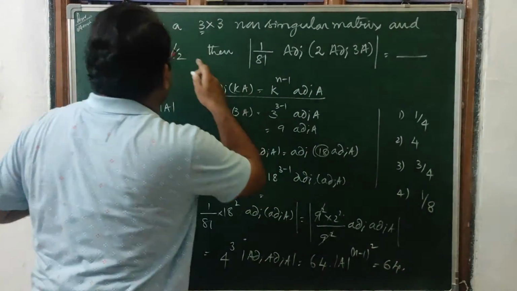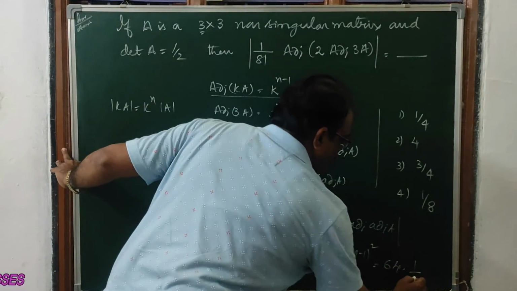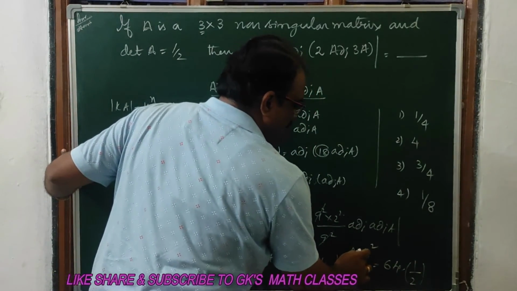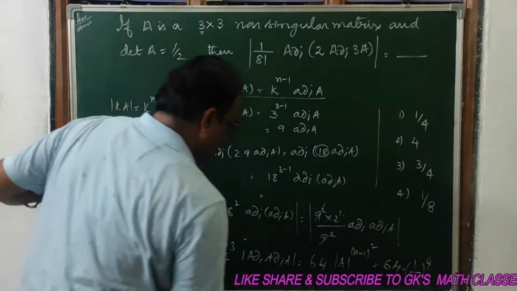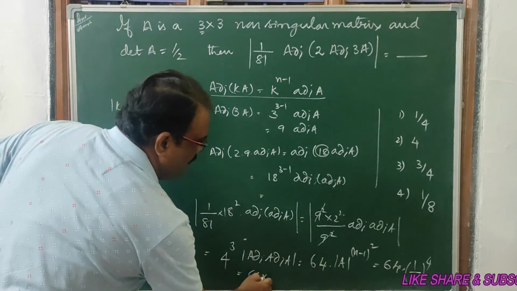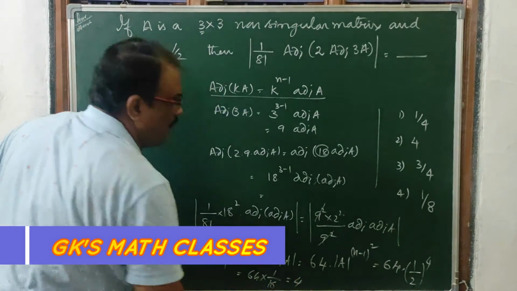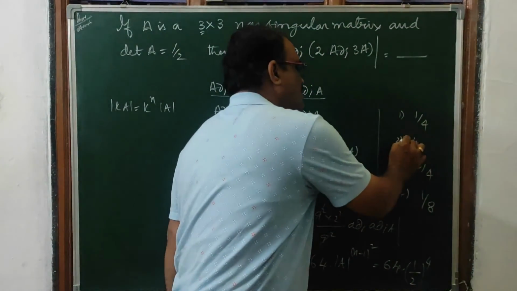So 64 into det A, 1 by 2, whole power 3 minus 1, that is 2. 2 twos are 4, so 64 into 1 by 16 is 4. So your answer is 4.